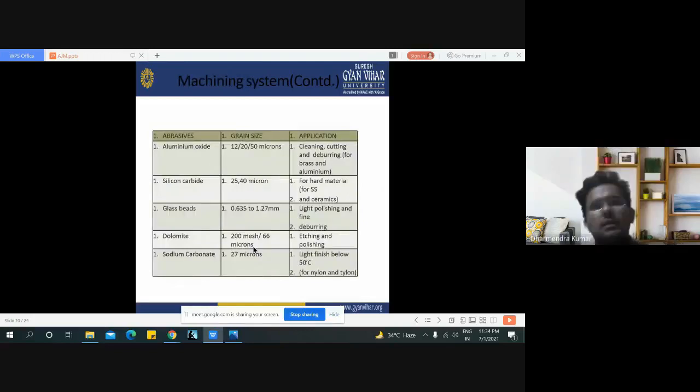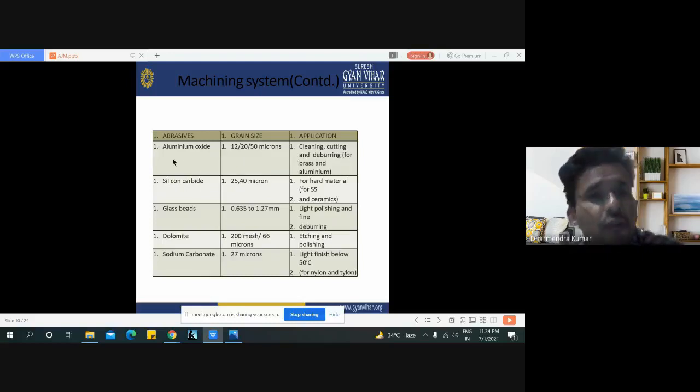Here are some abrasive particles, with their grain size and applications. For example, aluminum oxide has grain sizes of 12, 20, and 50 microns.